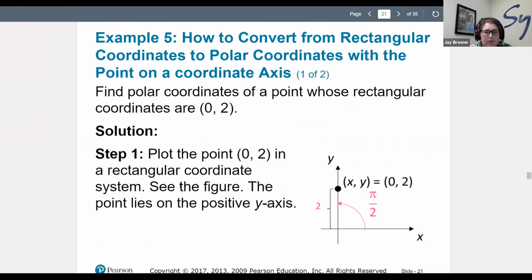So we plot the point in the rectangular coordinate system, and the point lies on the y-axis. Well, if it's sitting on the y-axis, and we typically start from x, then of course it makes sense for our angle to be pi over 2, right?